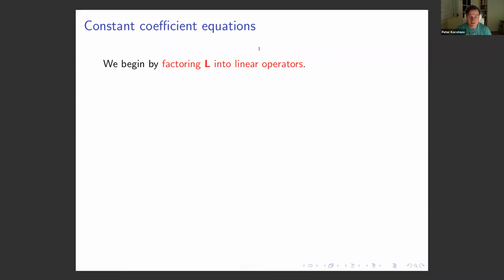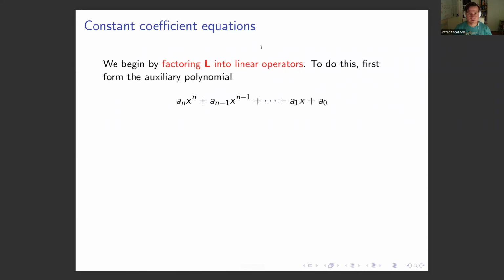As in the case with the degree 2 operators, we can start factoring L into linear operators. So consider the auxiliary polynomial of degree n with the same coefficients as in the operator.